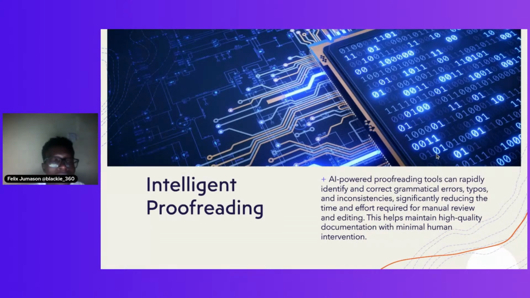I've tried putting a whole document into Claude 3, an Anthropic model, and it summarized a whole document for me. So you can use AI to proofread. It will reduce the inconsistencies in your documentation.